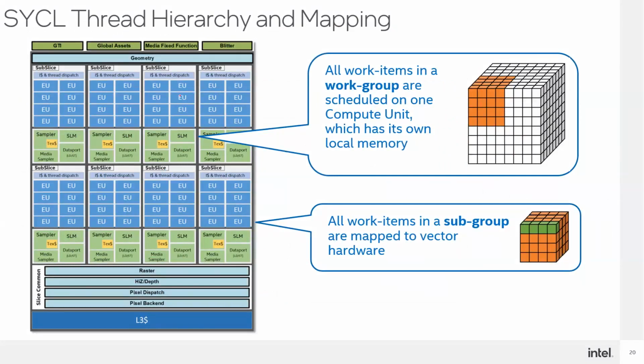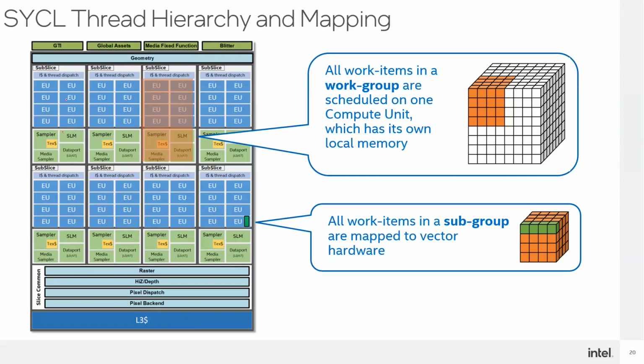Because as you can see, and this is the architecture of Gen9, for example, you don't usually have one set of execution units on your GPU. It is split into subparts, the subslices, each having some number of execution units, some shared resources like shared local memory, and so on. And that's why it is important to map your code, to map your work groups to your hardware.